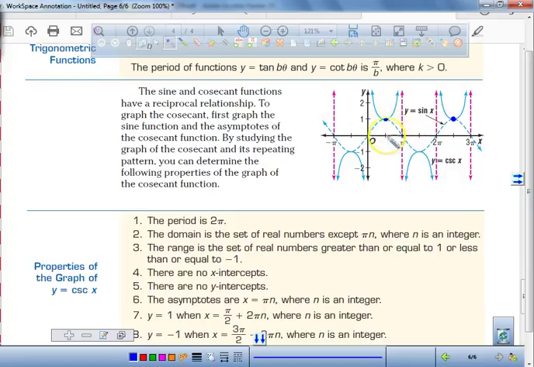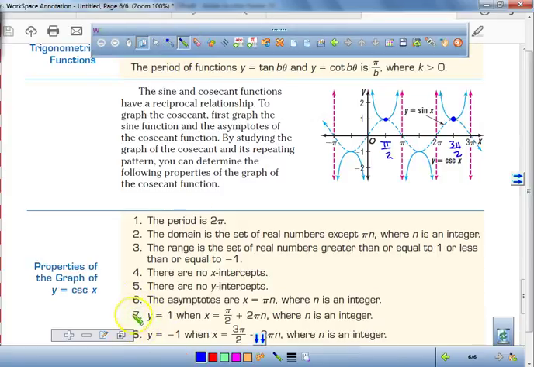Where am I located right there? Pi over 2. Where am I located right here? 3 pi over 2. So in my cosecant of x graph, when is my y value always equal to 1?